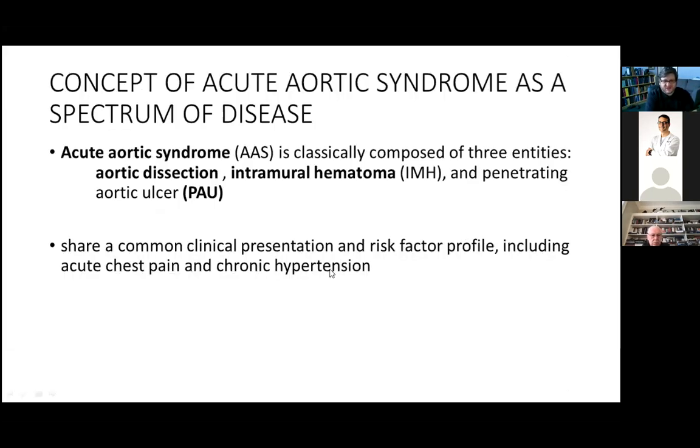Again, emphasizing that intramural hematoma is in the spectrum of an acute aortic syndrome, a life-threatening condition of the thoracic aorta, often presenting with pain and hypertension. In the spectrum is frank aortic dissection, which we all know about, and the entity of penetrating atherosclerotic ulcer.